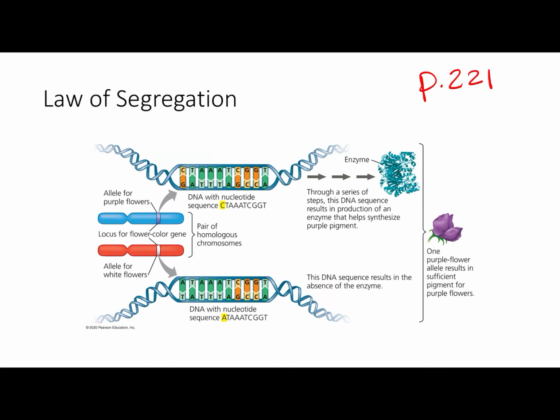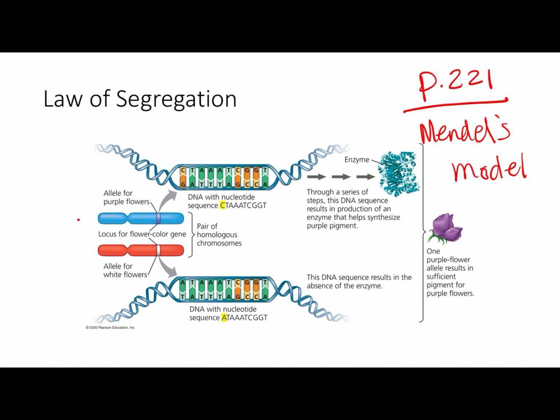On page 221 of your textbook is a section titled Mendel's Model. And it goes through 4 deductions that Mendel was able to come up with.